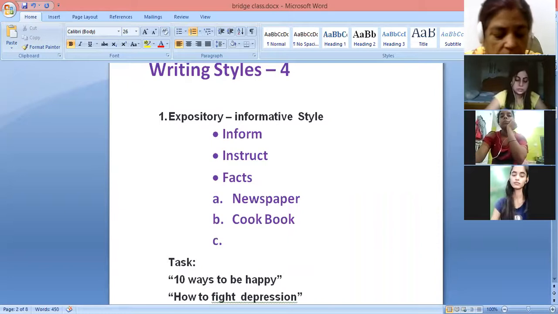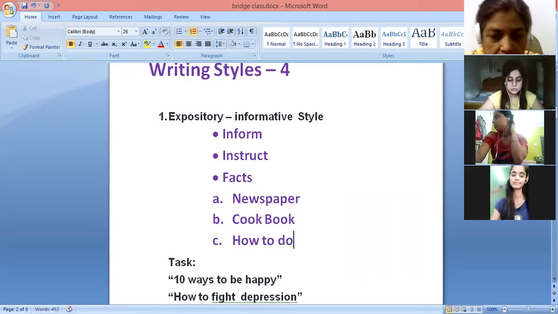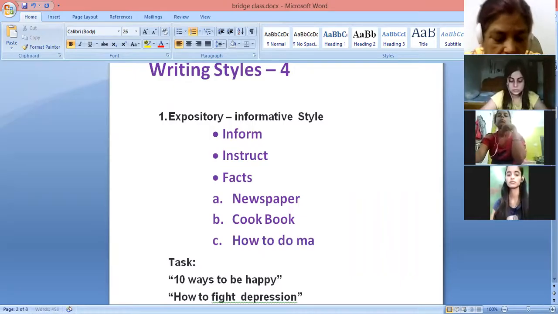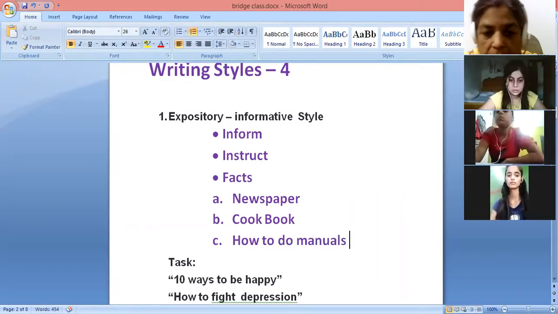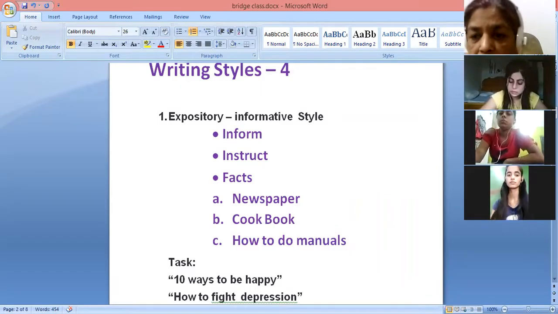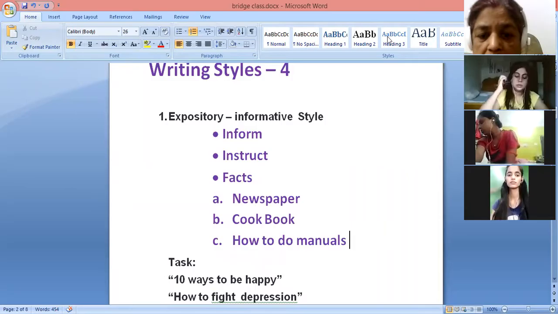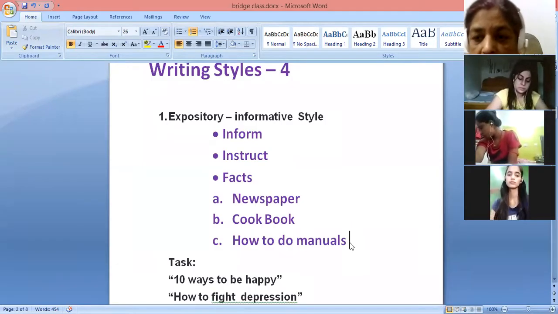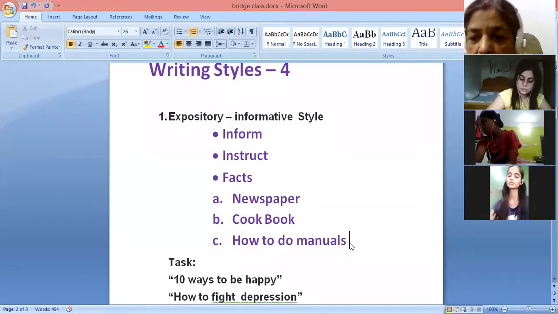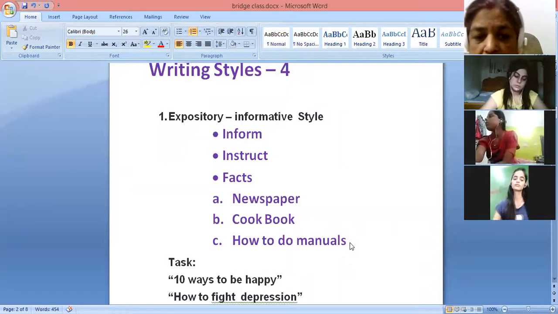Then there are how-to manuals. How to operate the computer, how to start the washing machine, how to use the microwave oven, all these electronic gadgets.